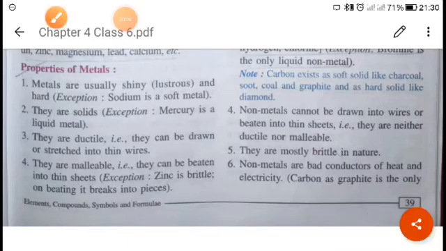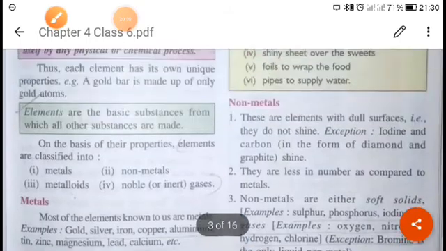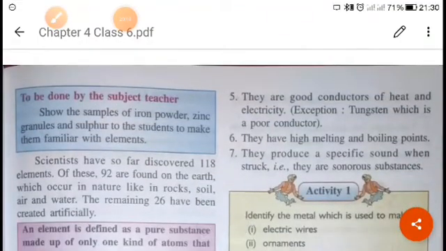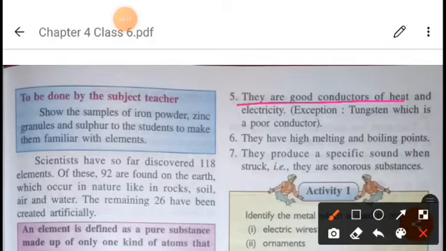Now next, they are generally good conductors of heat and electricity. This is a very common example you have seen in your house, right? Metals are good conductors of heat and electricity, because the utensils we use to cook our food are generally made of aluminum, so they are metal.